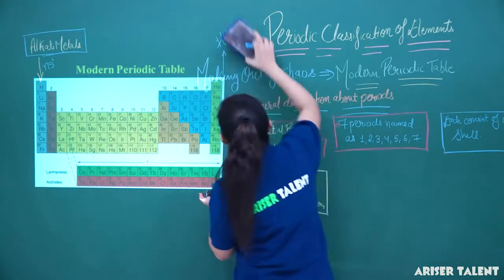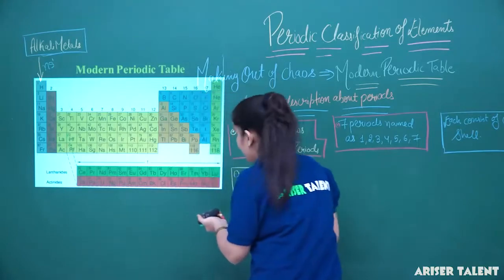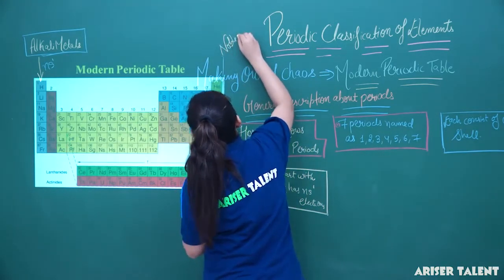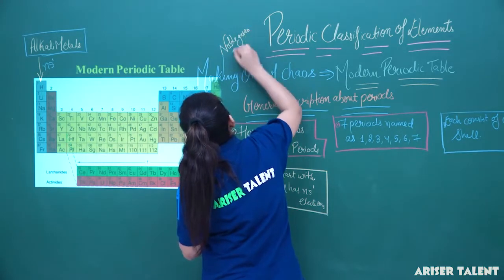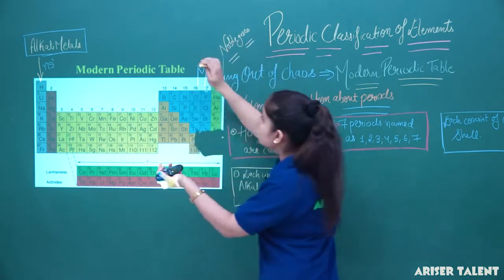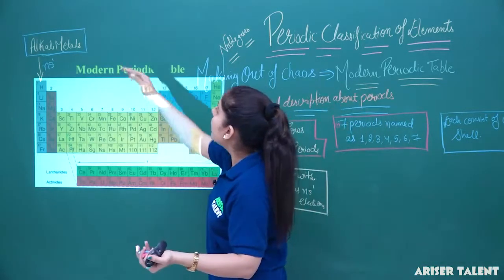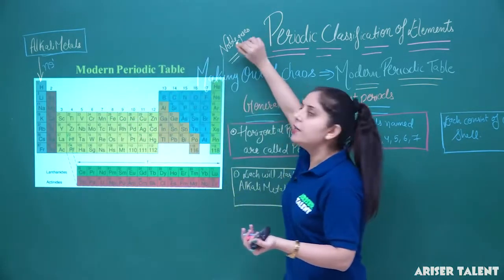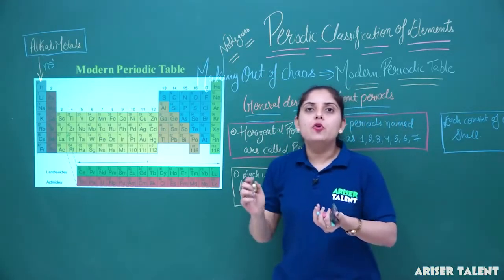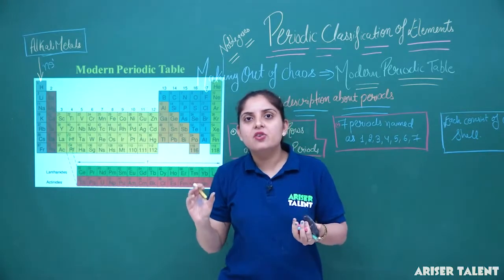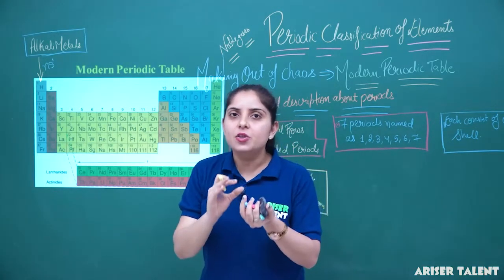These are halogens, and these are actually noble gases, group 18 elements. So the periods start from alkali metals and end at the noble gases, and the noble gases have their outermost shell fully filled, so they have a general electronic configuration ns2np6.